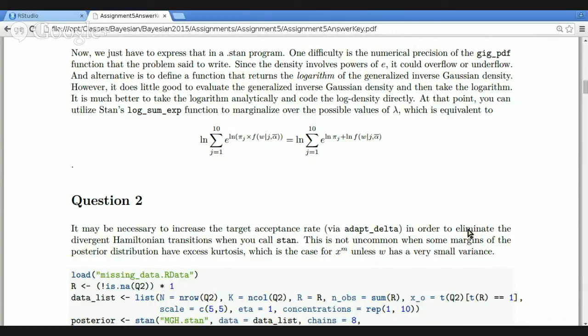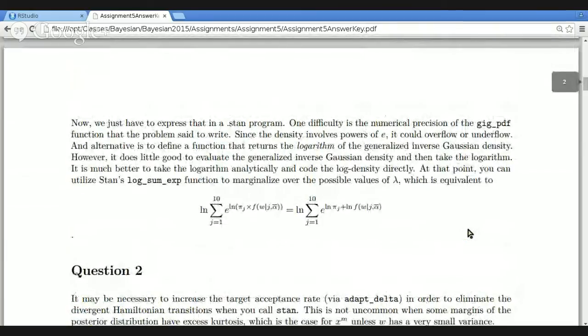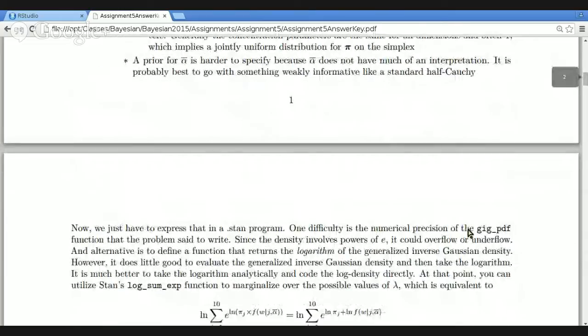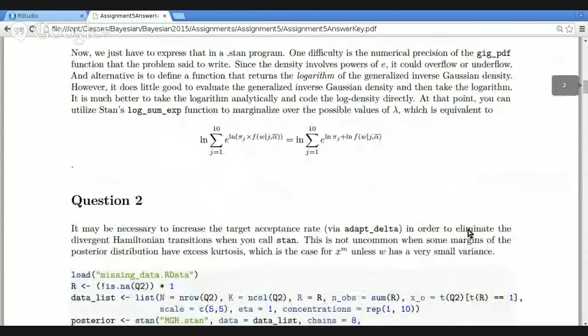And so if you're going to implement this in terms of the logarithm of the generalized inverse Gaussian distribution, you need to apply the logarithm symbolically and then express the density in terms of that. So I didn't write down the density again. In any event, it involves something like psi divided by chi raised to the power of lambda over 2 multiplied by something multiplied by e raised to the power negative 1/2, again something involving psi and chi and w and whatever.